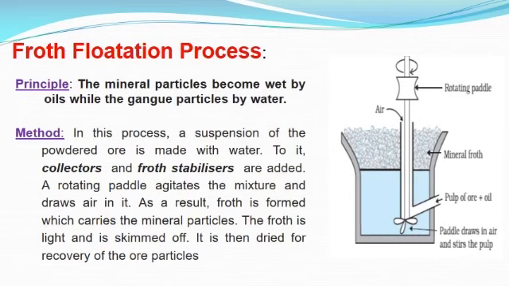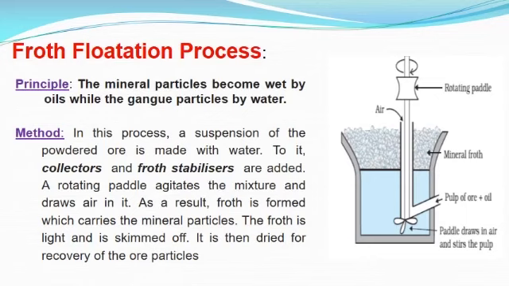Next method of concentration of ore is the froth flotation process. Froth flotation is mainly used for sulfide ores. For example, for the purification of copper sulfide, zinc sulfide and lead sulfide ores, we can use the froth flotation process.